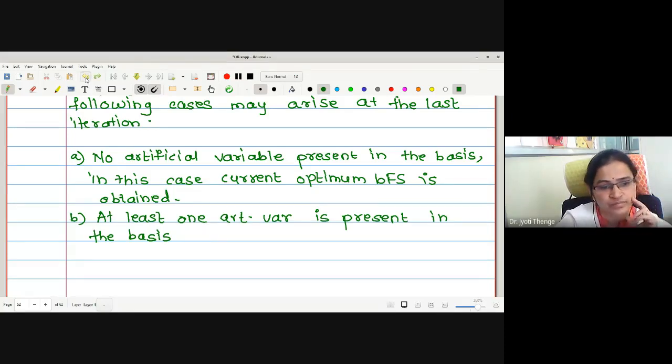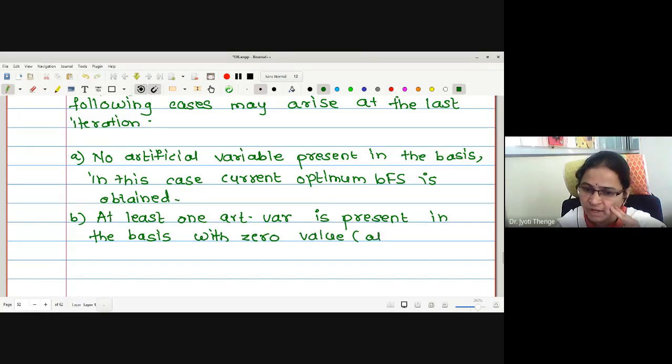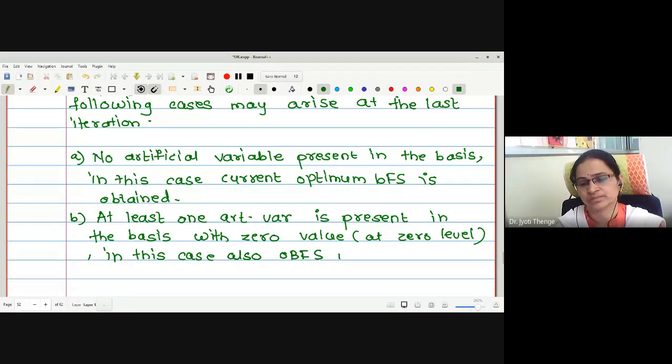Both the words, 0 value or 0 level, one can use. In this case also, the optimum basic feasible solution is obtained.